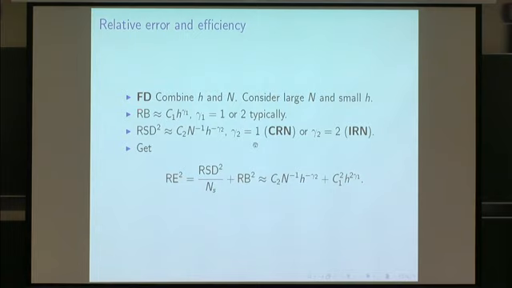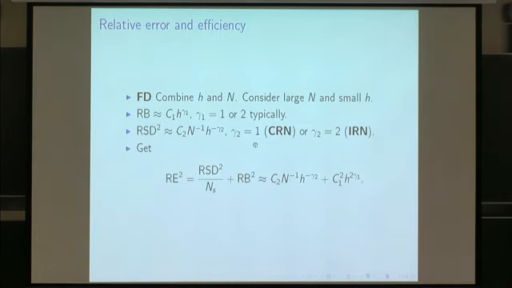Okay. So the relative bias of a finite difference method we showed is asymptotically independent of n. So there is a constant, but it depends on h like some power: h if it's one-sided finite difference, h squared if it's centered finite difference.